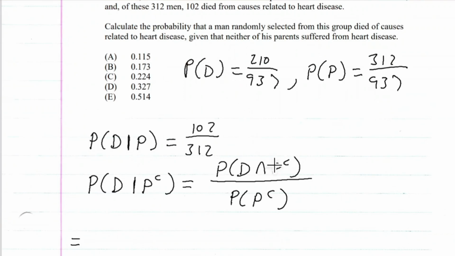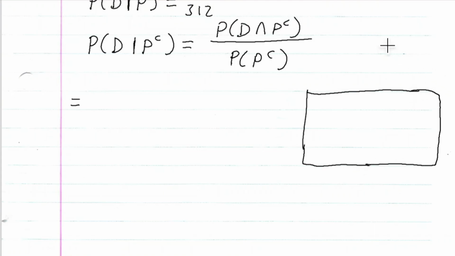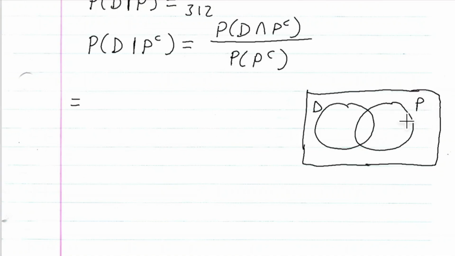So I have D. I probably want to rewrite this in a different way. So let me draw a little bubble to help me. Little sample space, right? So let's see, we have D and P. Okay, so D intersection P complement is this right here.